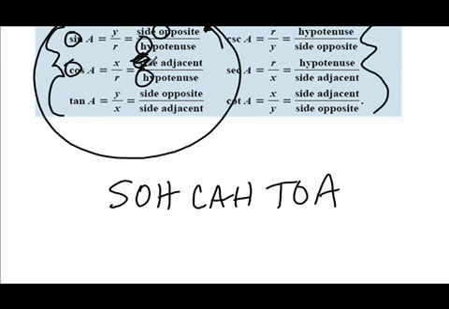It helps you memorize those 3 on the left. Sine is opposite over hypotenuse, cosine is adjacent over hypotenuse, and tangent is opposite over adjacent. So it's a quick word or phrase helping you remember the 3 on the left. And then once you know those, you can use the reciprocal property to get the 3 on the right. Okay?